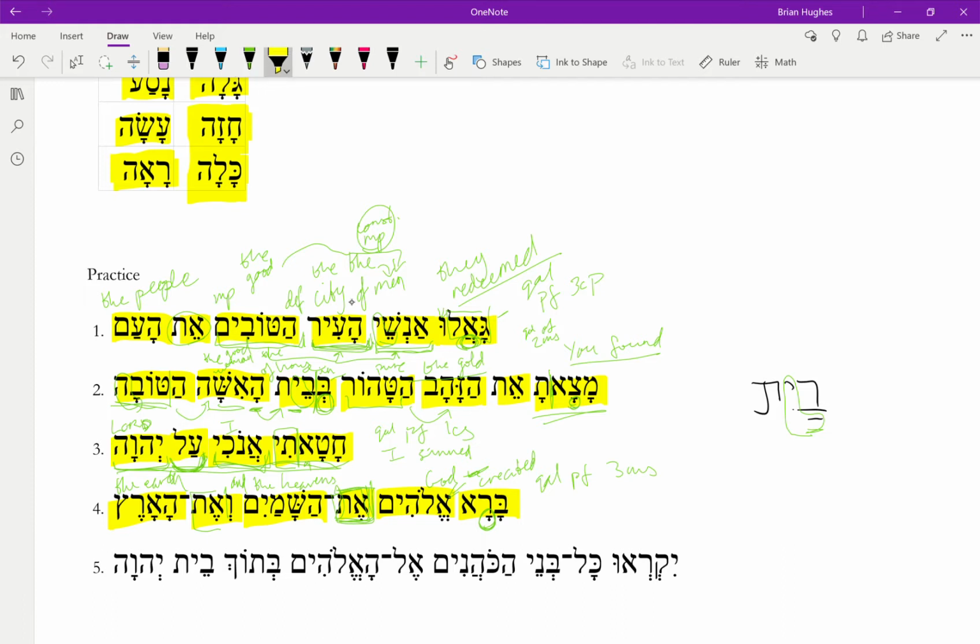Number 5 here, Yikre'u kol b'nei hakohanim el ha'elohim betoch beit Adonai. I guess it'd be, yeah, that should actually have a dagesh there. There you go. So here we have yikre'u. So we have a yod prefix.